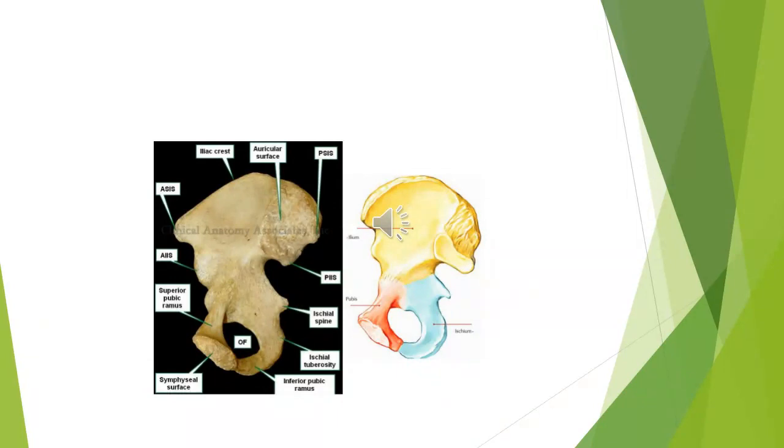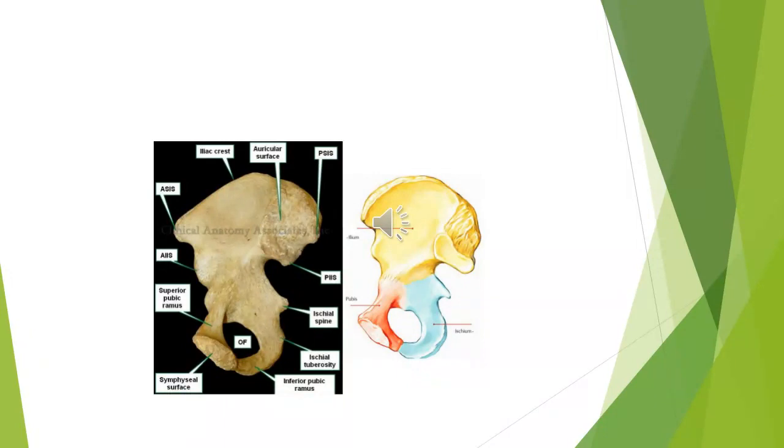Then posteriorly, the posterior superior iliac spine, and also the posterior inferior iliac spine, followed by the greater sciatic notch, and the medial aspect of the ilium you can see there is the pelvic surface.